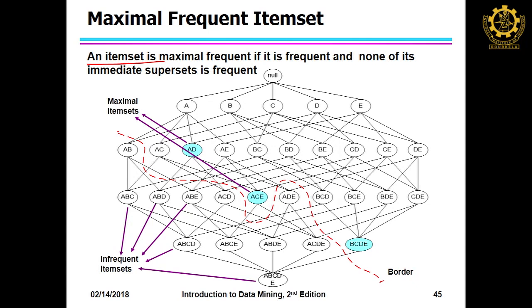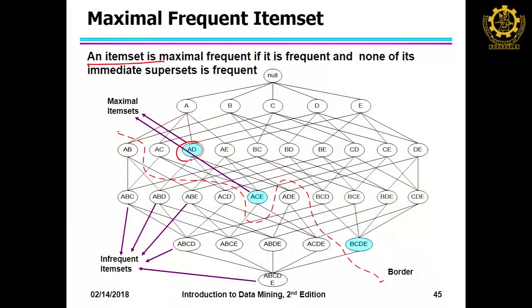For an item set to be frequent, its support must be greater than or equal to the threshold. It is not sufficient; its corresponding supersets must not be frequent. Because we are getting huge frequent item sets, we are trying to find a compact representation so that the complexity can be reduced.